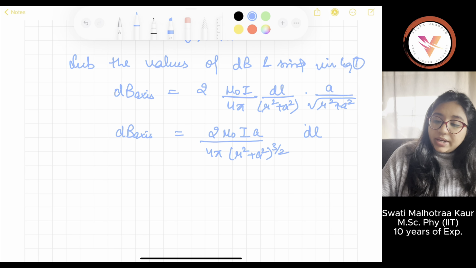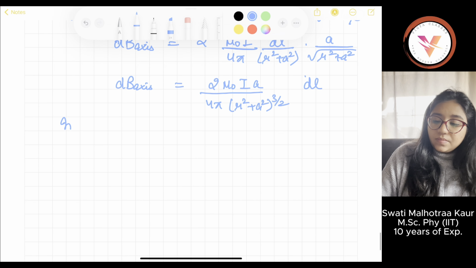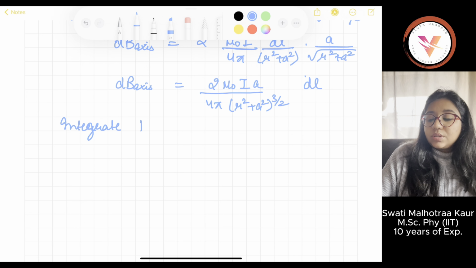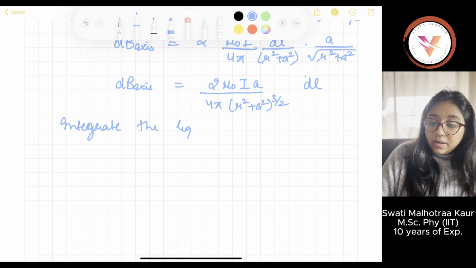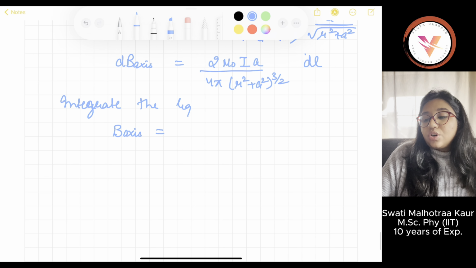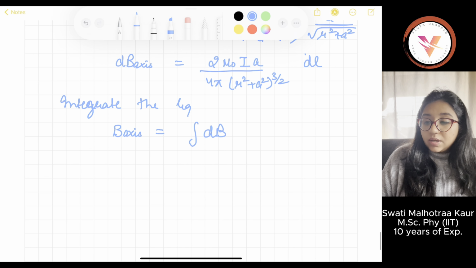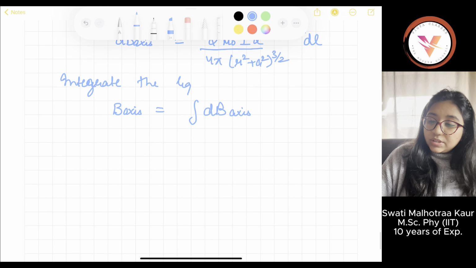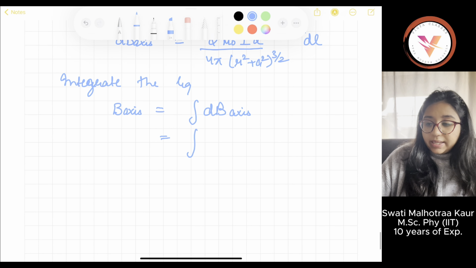Okay. So integrate it. Integrate the equation, you will get B along axis, and that is the integration of dB. Okay. So just integrate it over dl.